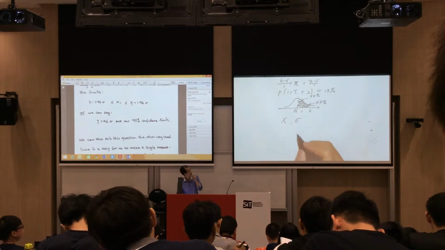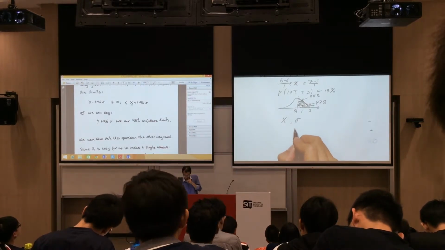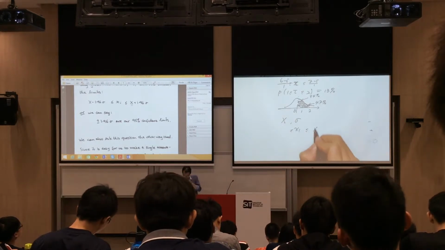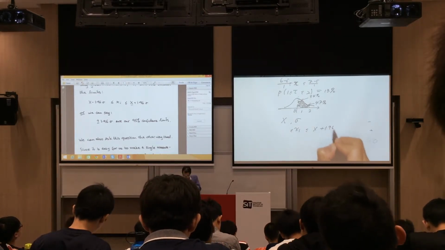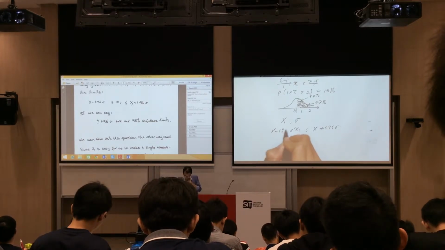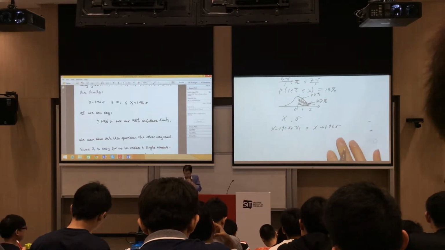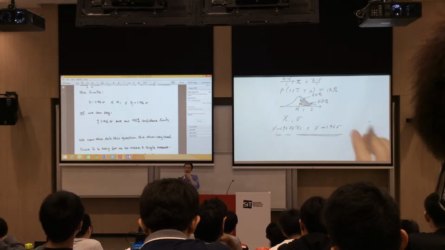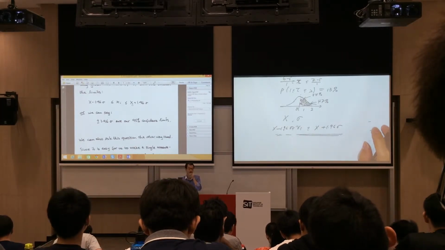So the 95% confidence level for any measurement will be x plus or minus 1.96 sigma, and here is 1.96. So this part is a bit straightforward, we can do it from the normal distribution flow.